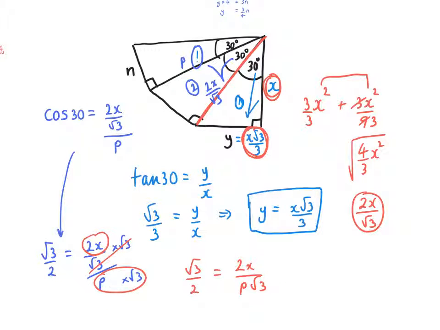What you can now do is you can times both sides by P, times both sides by 2, and then divide both sides by root 3. Now, what have you got left? You'll have P equals 4x over root 3 times root 3 is 3. So P is 4x over 3.